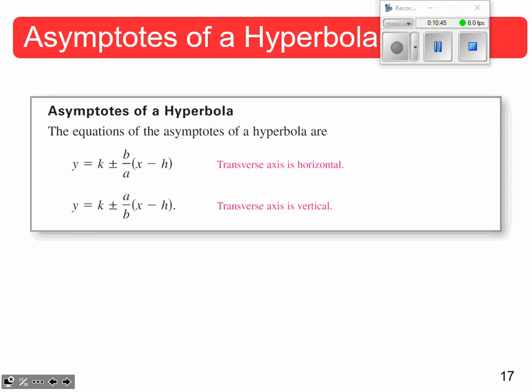So by joining these and putting these together, we do get these two formulas for the asymptotes. y is equal to k plus or minus b over a times x minus h. Or we get y is equal to k plus or minus a over b times x minus h.